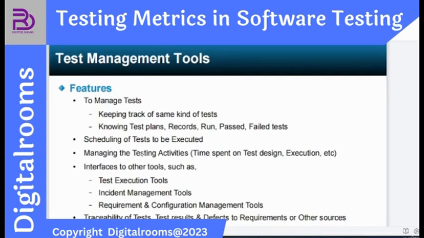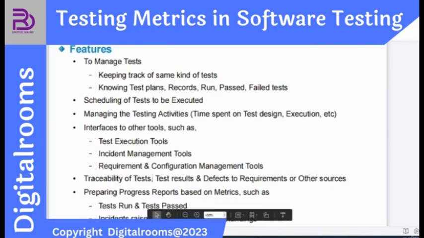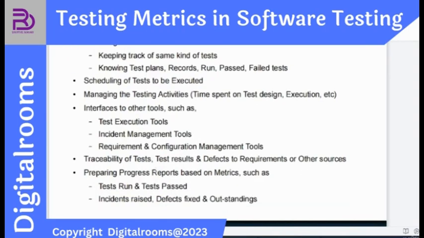So what is the entire role, like cycle of this testing. Interface to other tools such as test execution, incident management, requirement and configuration management, traceability of test, test result, defect to requirement or other sources, preparing progress report based on metrics such as test run, test passed, incident raised, defect fixed and outstanding.